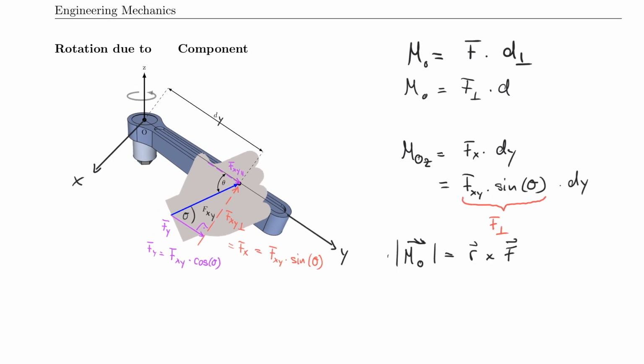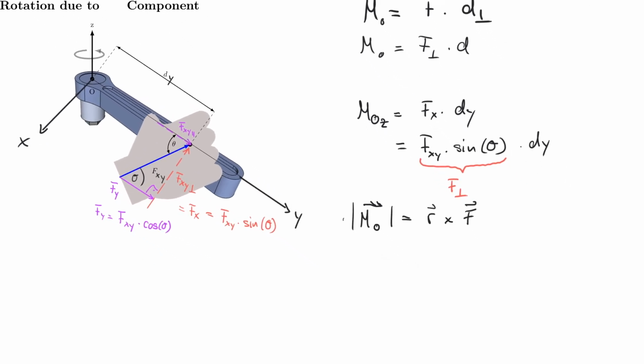And now if you remember your formula properly, then you may remember that it was nothing else than r magnitude times F magnitude times sine theta. That is one formula you can use to solve cross product problems. And now the question is, why did this work? Of course, you know this already because you follow my logic here. It works because Fxy sine theta has created the perpendicular force, and the lever arm is just r.